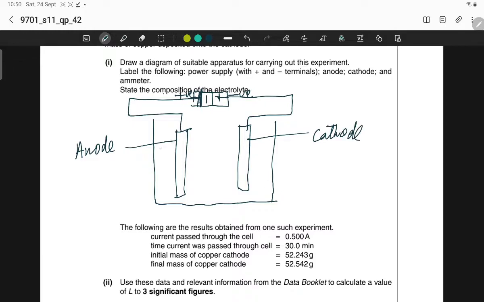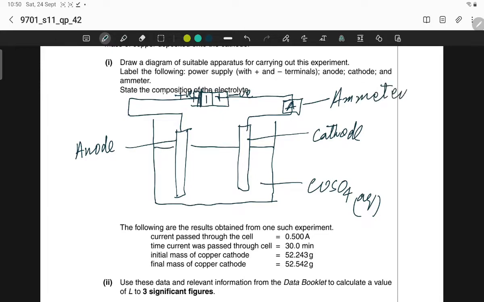Electrolyte is copper(II) sulfate solution, CuSO4 aqueous, and we place the ammeter over here. And this is the power pack, or power supply, you can say.